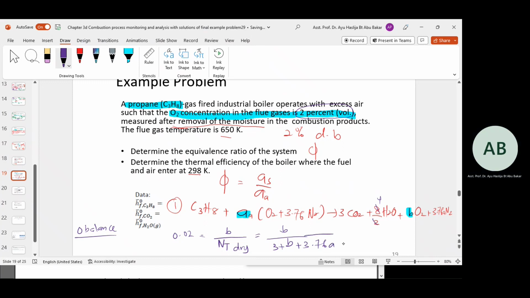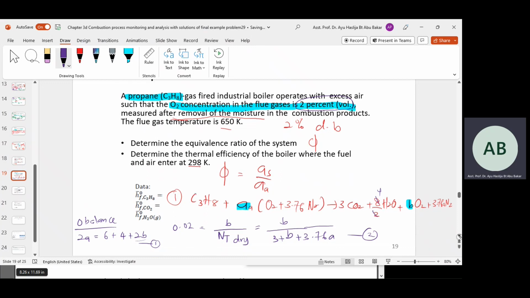Okay, so from the O balance, you will have the first equation, and from here you can get another equation, the second equation.